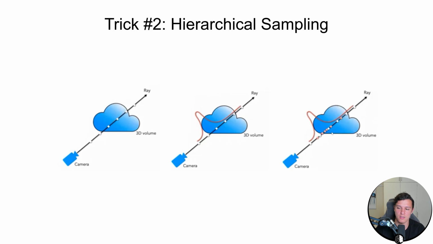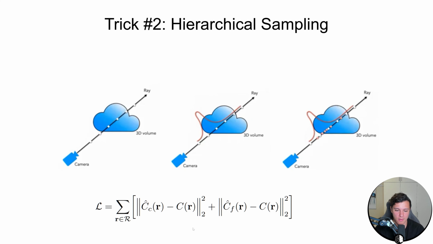Sort of a two-times sampling method. And that is also, when we go back, I told you I would explain this, where we have color for the coarse points, C, and then the second term is the color for the finer points that we've sampled the second time. So that's the loss function.